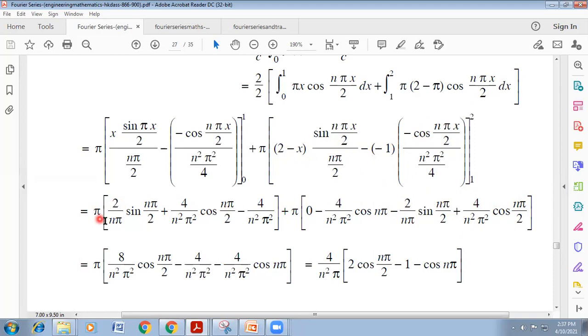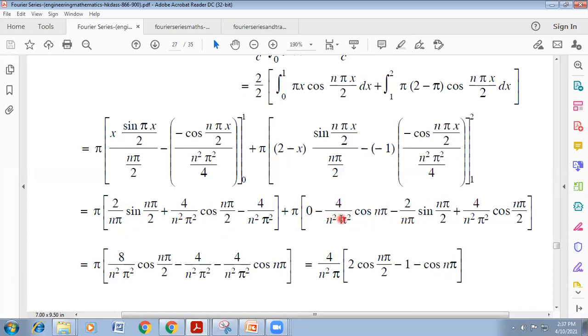After simplifying this big line, taking pi common, this sine term and this sine term will be cancelled.